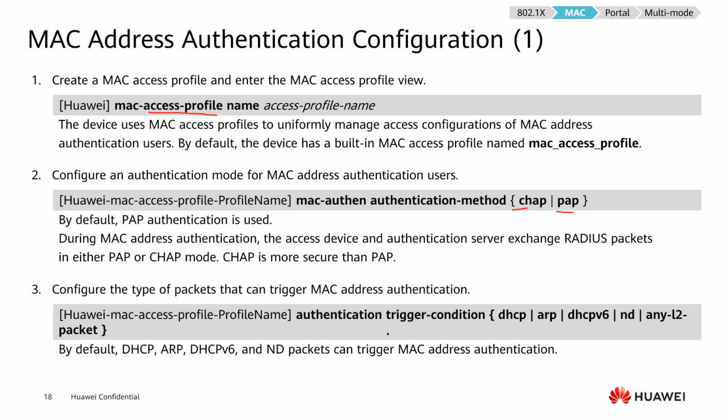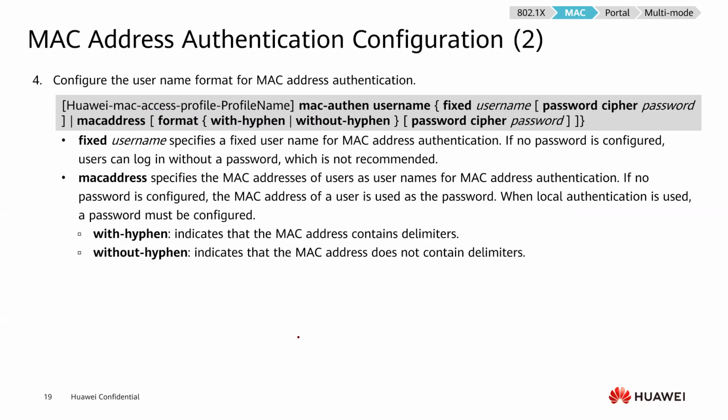And the next is to configure which packets can trigger the MAC address authentication process with this command. You can also configure a specific MAC address and a specific password. If you do not configure any password, it will just use the terminal's MAC address as the password to go through the authentication process.